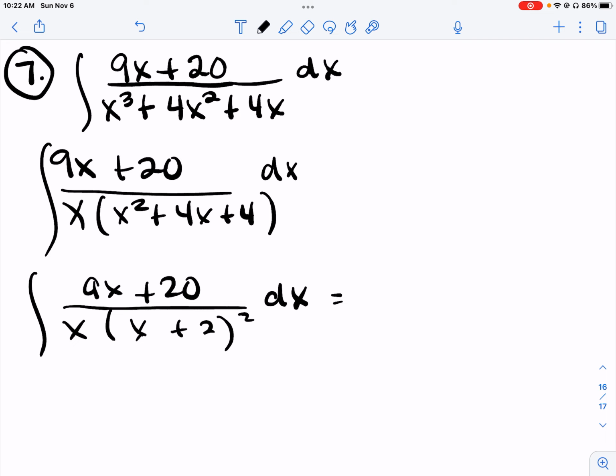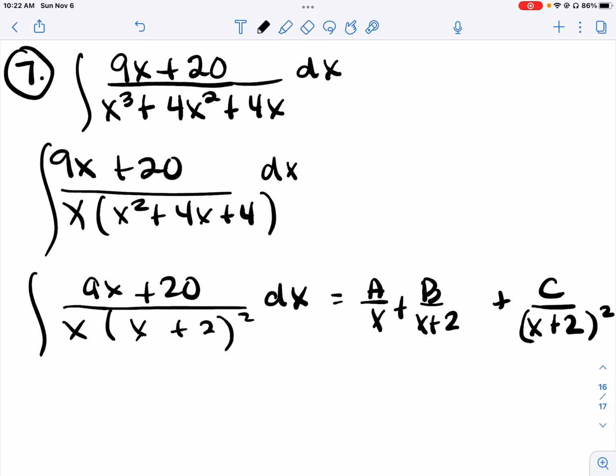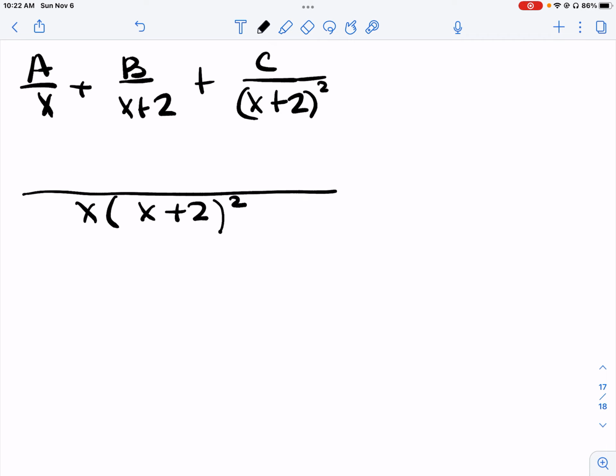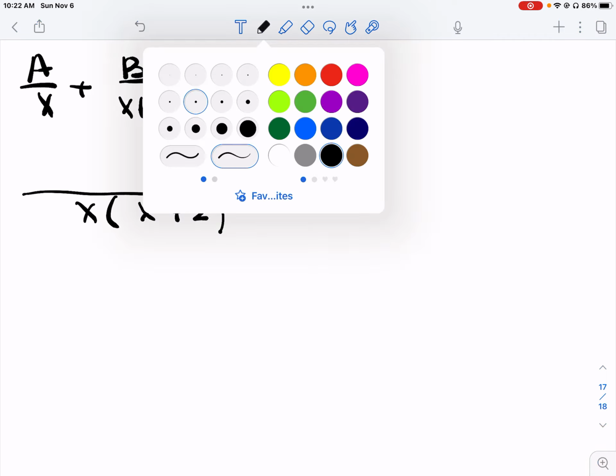So we're going to have to use the a over x, b over x plus 2, and c over x plus 2 squared. So the common denominator would be x times x plus 2 squared.